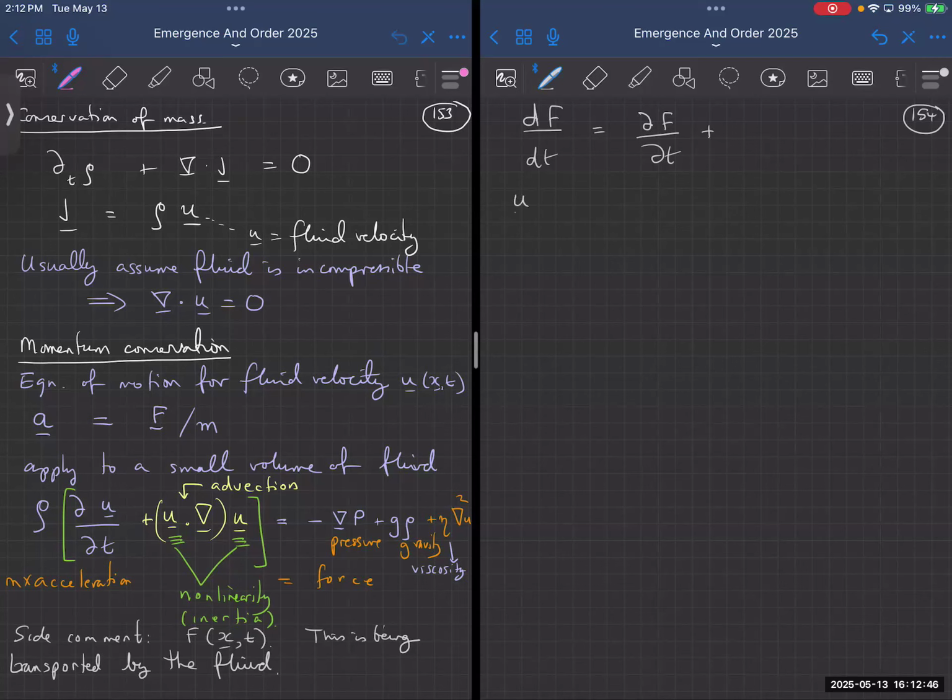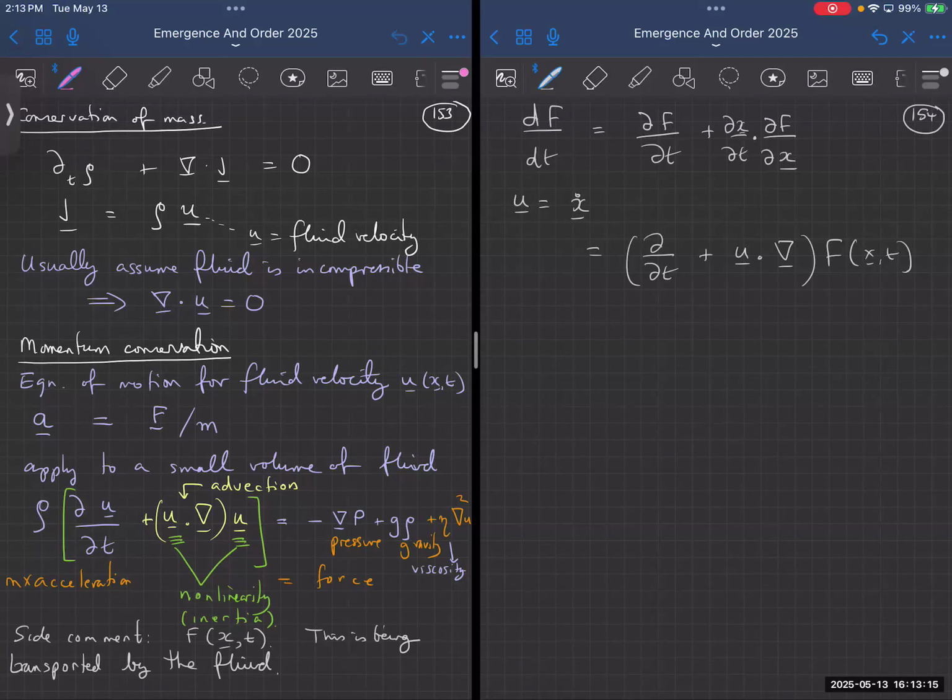Well, remember that the velocity itself is equal to dx by dt. So it's going to be df by dt plus df by dx, which is grad, times dx by dt, like so. And therefore that is equal to d by dt plus u dot grad acting on the scalar quantity f.